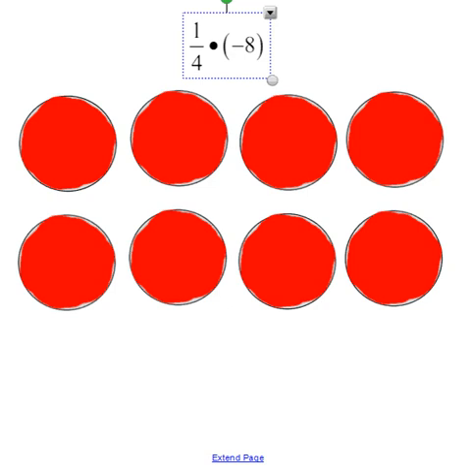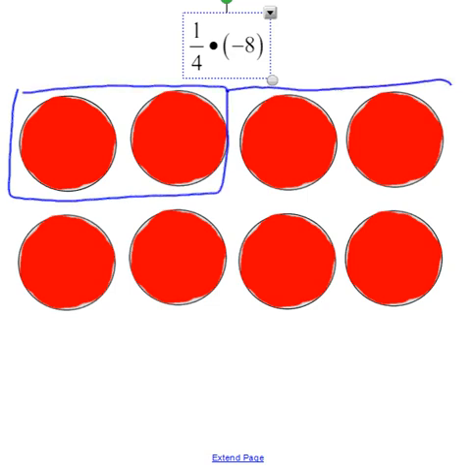So, what do you think the 8 red circles are here? Negative 8. Now, I need to say, I'm saying 1/4 of negative 8. What's that have to be? Okay, so it's saying divide it into 4 parts, right? So divide the negative 8 into 4 equal parts.